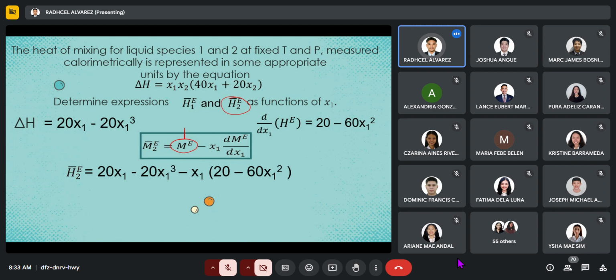So, same process. I-substitute lang natin ito and then paki-simplify ulit. So, this one is your delta H or yung ating HE. Tapos, ito naman yung inyong DHE over dx1. So, what is our final answer?